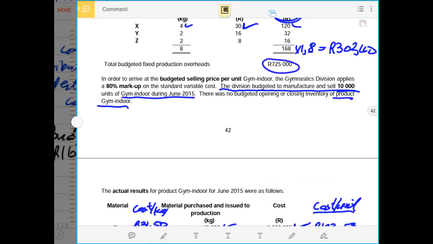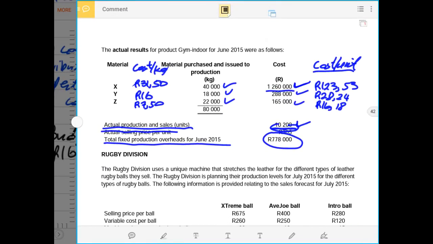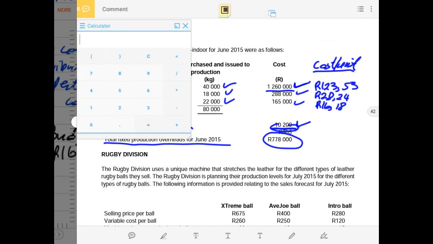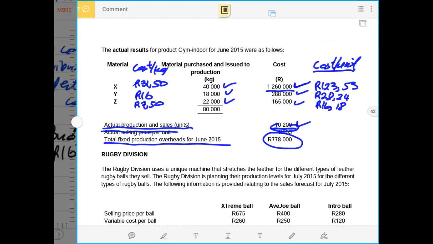So there will be an unfavorable variance: 725,000 minus 778,000 gives me negative 53,000. So we can already say that with regard to the budgeted fixed production overheads, we have an unfavorable variance.